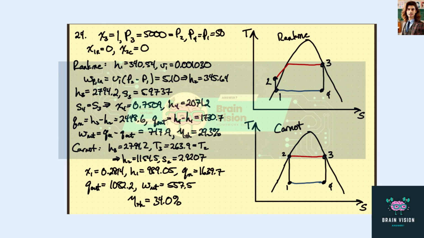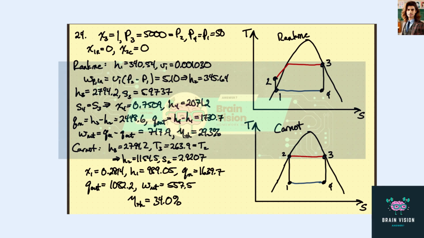Looking at the Rankine cycle first, we can get the enthalpy and the specific volume at 1, which allows us to get the work put into the compressor. That allows us to get the enthalpy at 2 from the conservation of energy about the compressor.